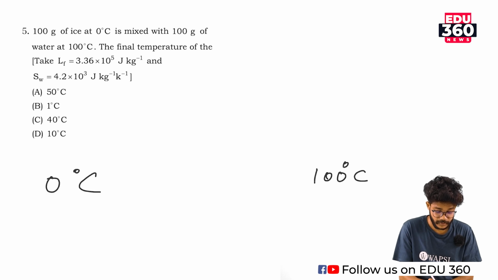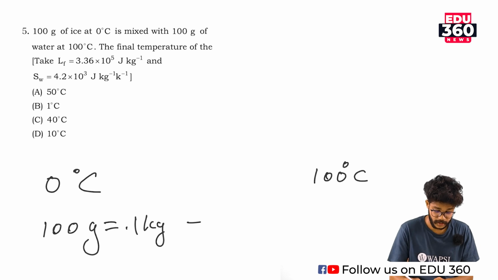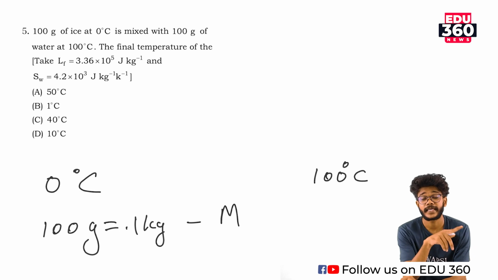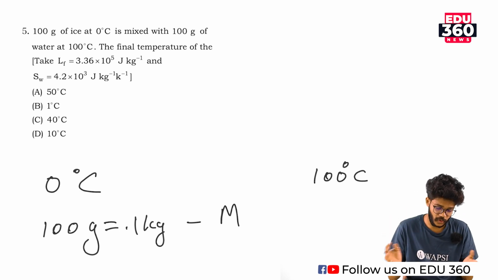Both are 100 gram, that means 0.1 kilogram. Whatever it is, we can call it the mass: M1 for the 0 degrees Celsius state and M2 for the 100 degrees Celsius state. Both are the same.